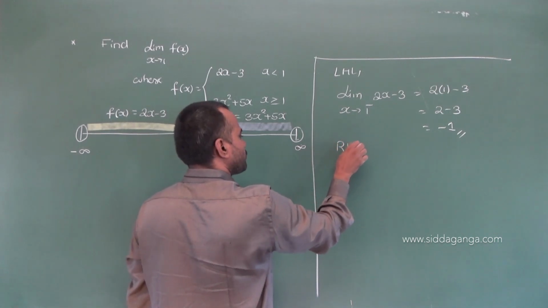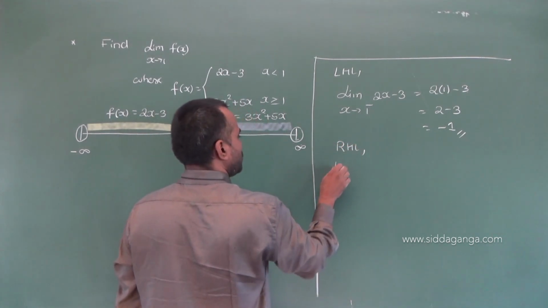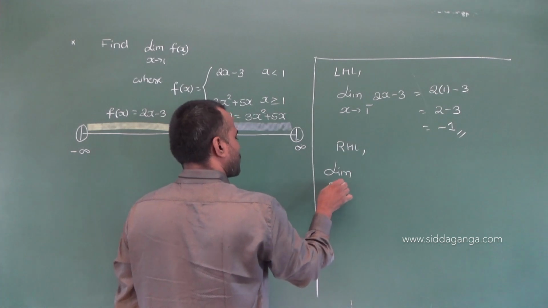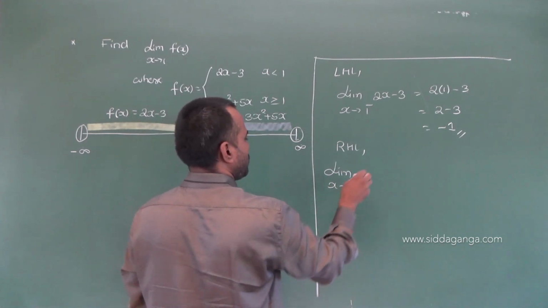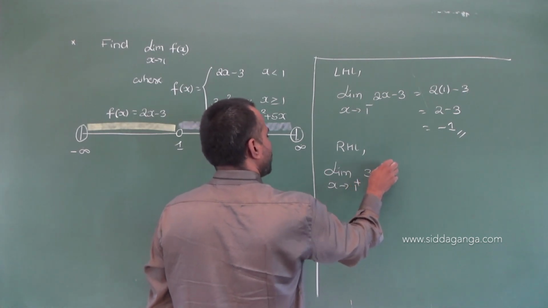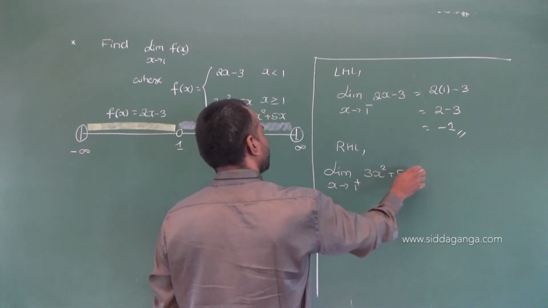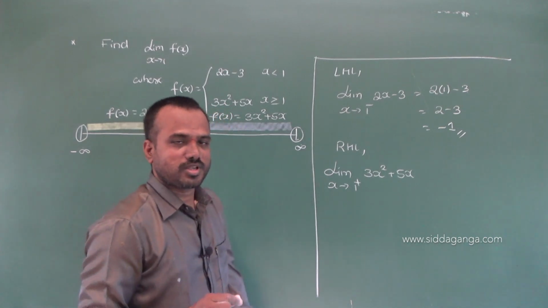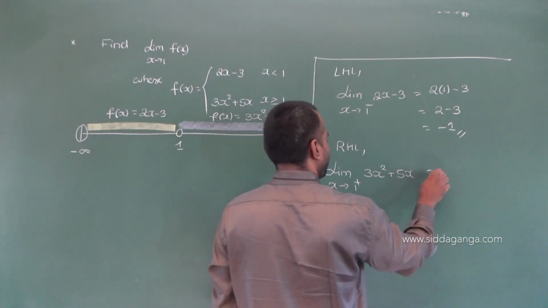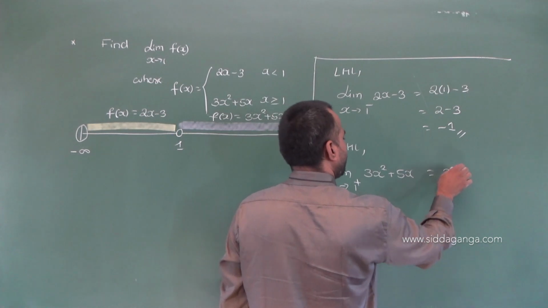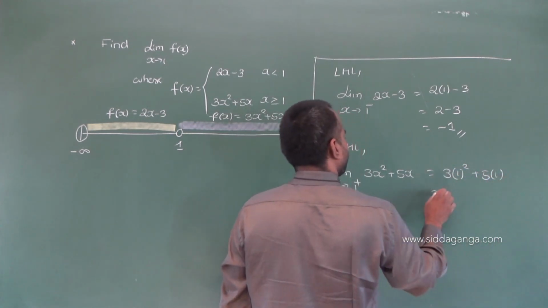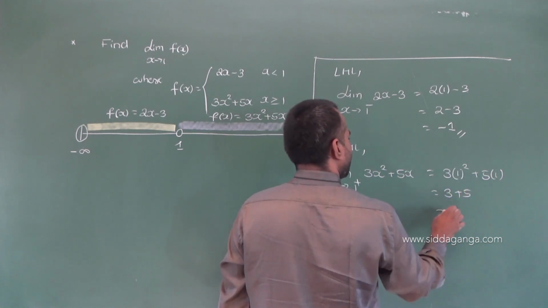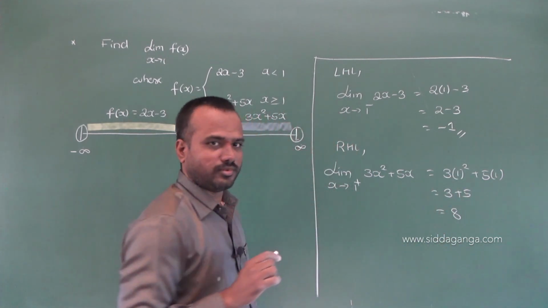Right hand limit: x tends to 1 plus of f of x, which is 3x square plus 5x. Substitute 1 wherever x is. 3 into 1 square plus 5 into 1, 3 plus 5, the answer is 8.